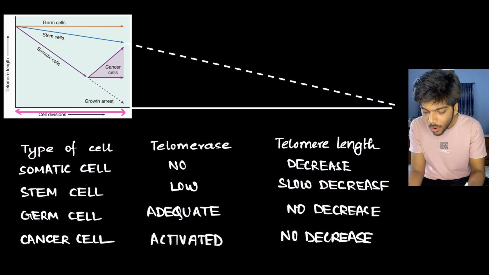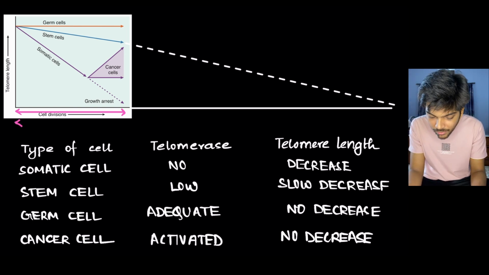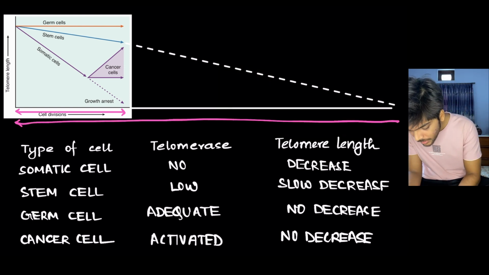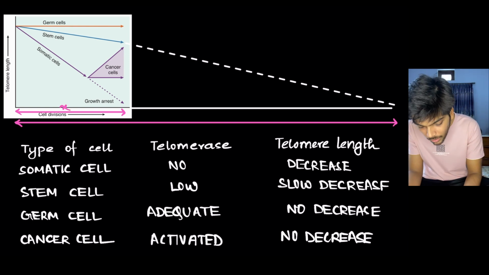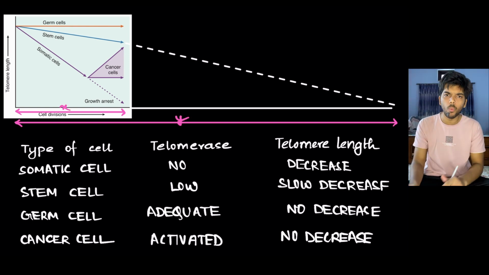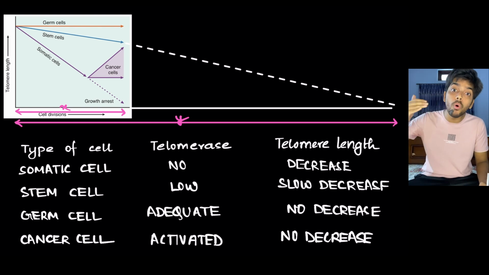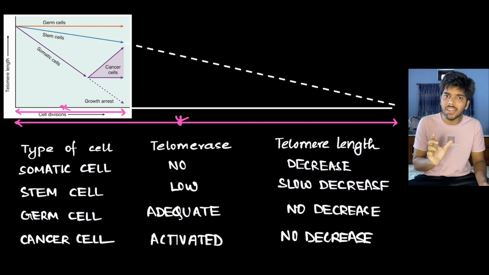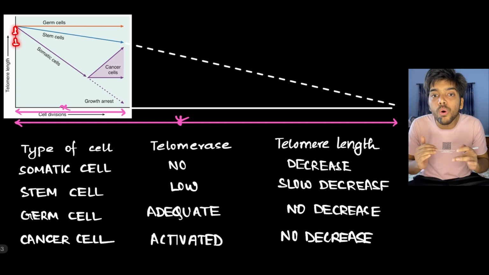This is how much more capacity it holds to show cell division. Stem cell. Compare X of somatic cell with Y of stem cell. Y is much longer, means Y is much larger. That means it shows much more number of cell divisions. Why? Because it has little telomerase activity, which makes the decrease in telomere length slower.